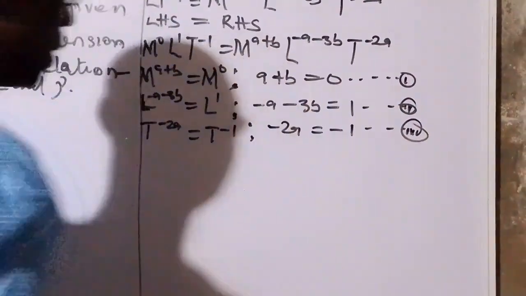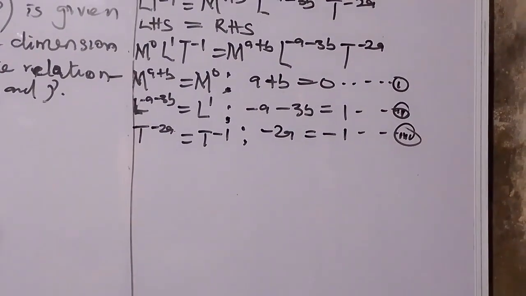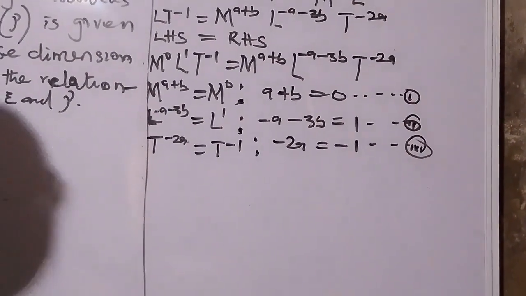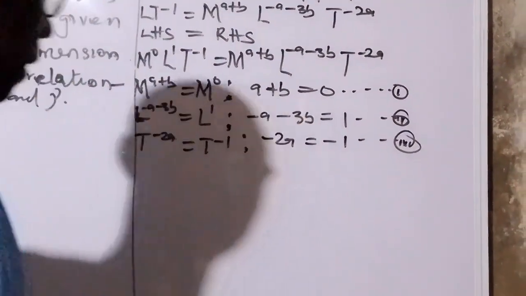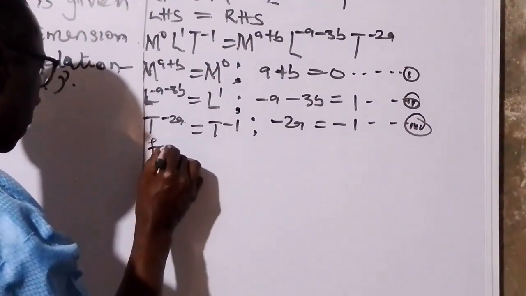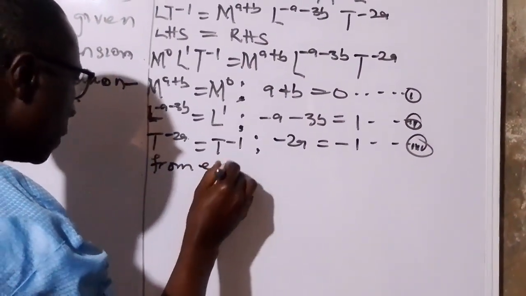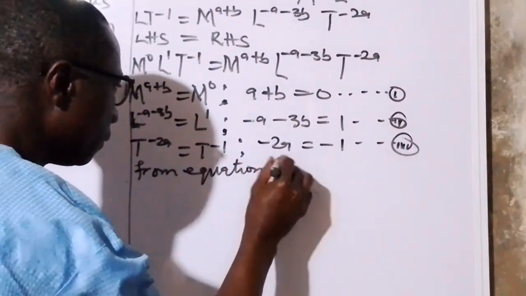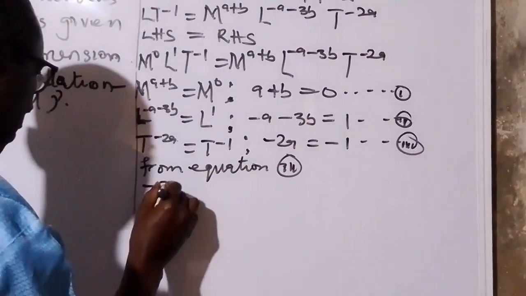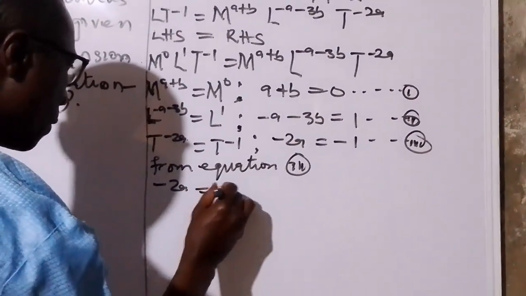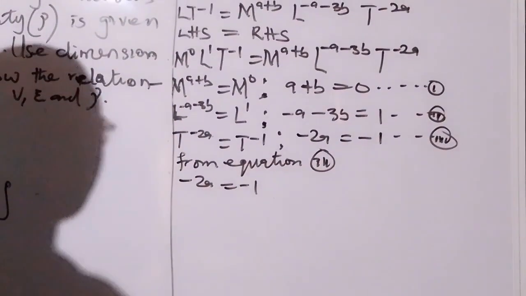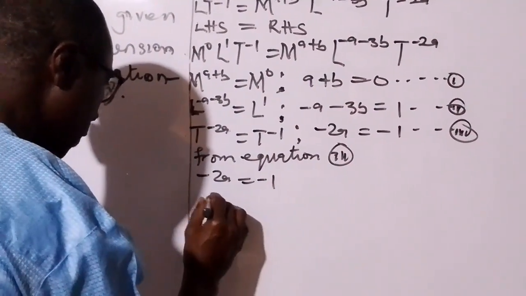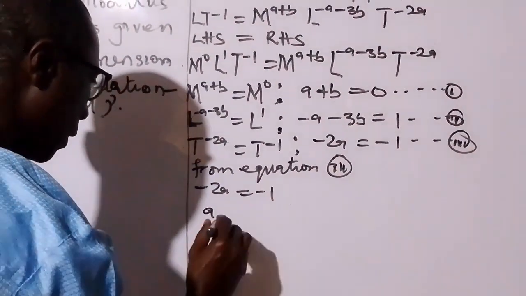And within the 3 equations, we have just 2 variables, which are A and B. Let's look for A and B now. We can see from equation 3, which is minus 2A is equal to minus 1. Then A will be equal to what?